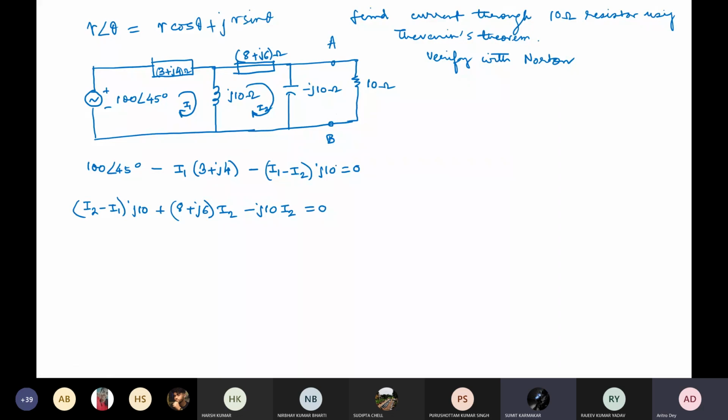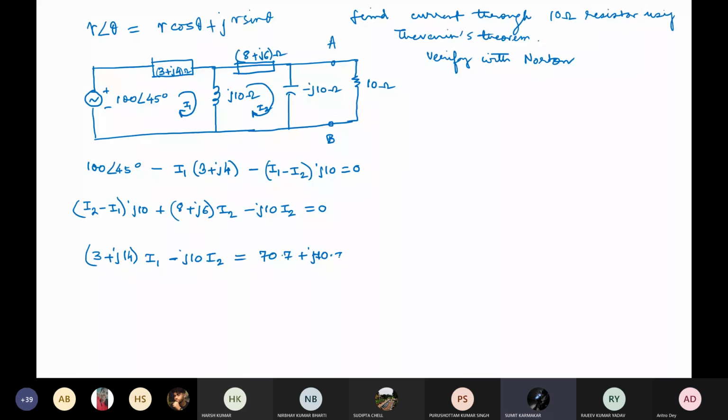Then we can rewrite this: sine 45 and cos 45 will be 0.707, so 70.7 plus j70.7 will be this expression. So we can write I1 into 3 plus j4, and then this j10 will be added up, so 3 plus j14 I1 minus j10 I2 equal to 70.7 plus j70.7.